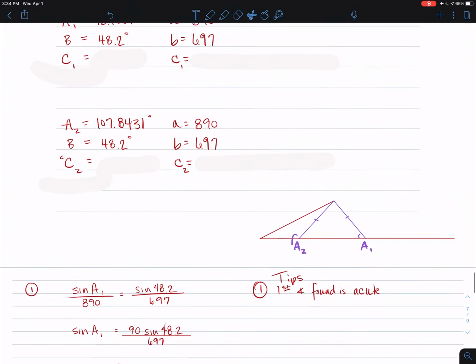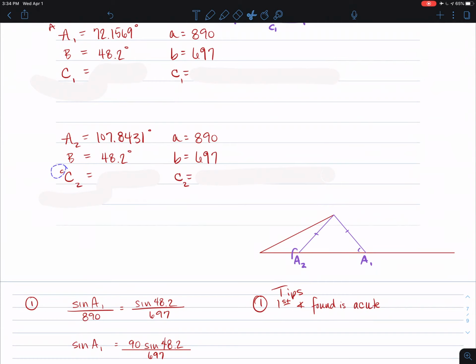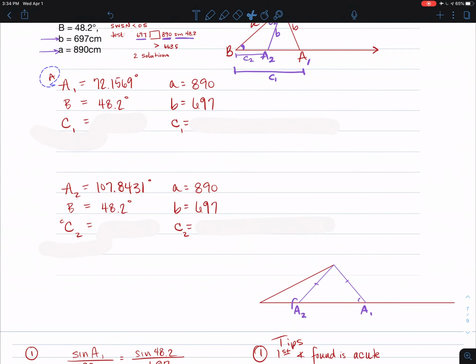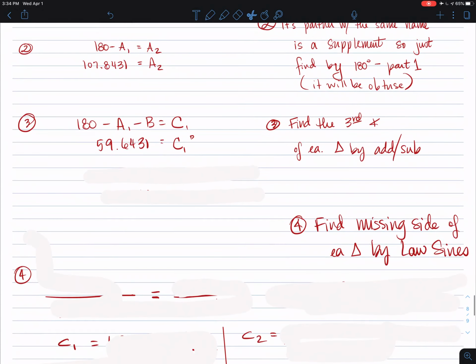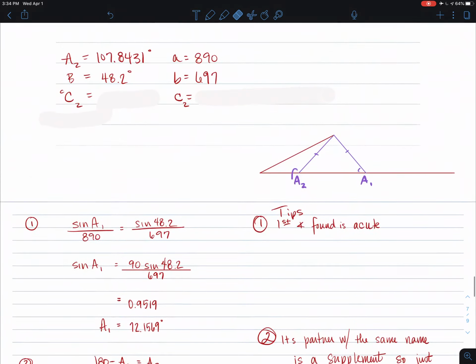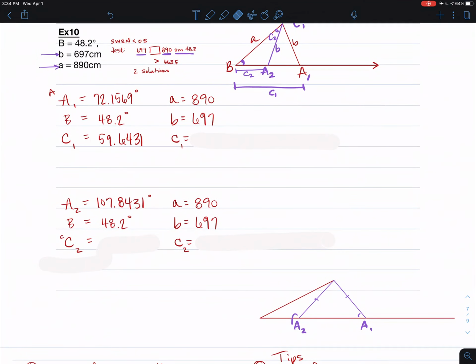I've got one there, one right here, one up here. These are the letters that I've used to store in my calculator, just simply so that I didn't forget how I stored it. And then in order to find angle C2, I'm going to do the same type of math, and I'll go ahead and put that in as well. Okay, so that gives me my third angles. I can go back to my chart, and there are my third angles.